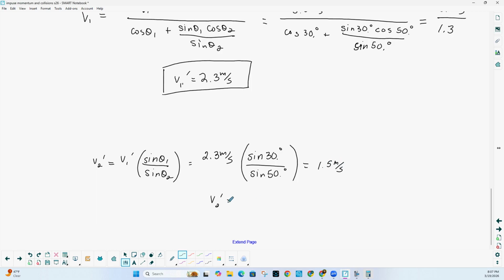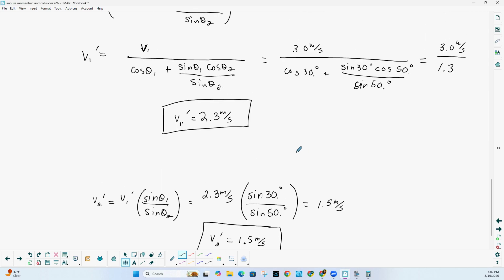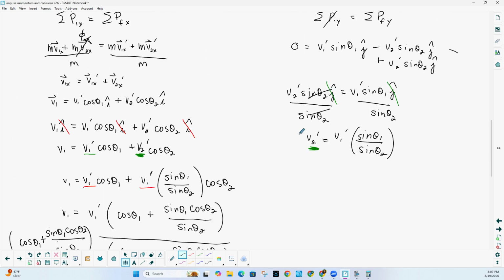So V2 prime is equal to 1.5 meters per second. And there you go. That is solving for the final speed of ball 1 and ball 2.